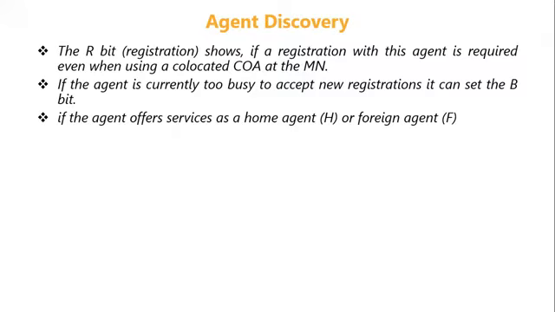If the agent is currently too busy to accept new registrations, then it can set the B bit. There are two bits which represent whether the agent is offering any service as home agent or foreign agent.